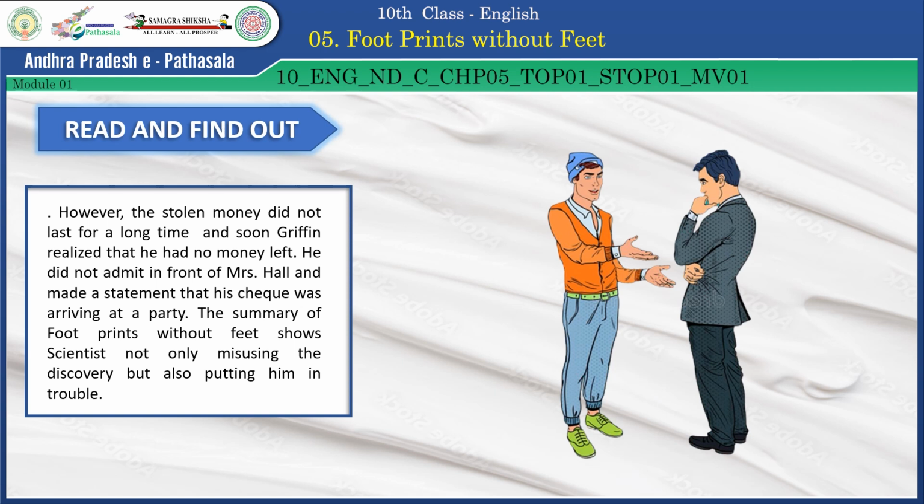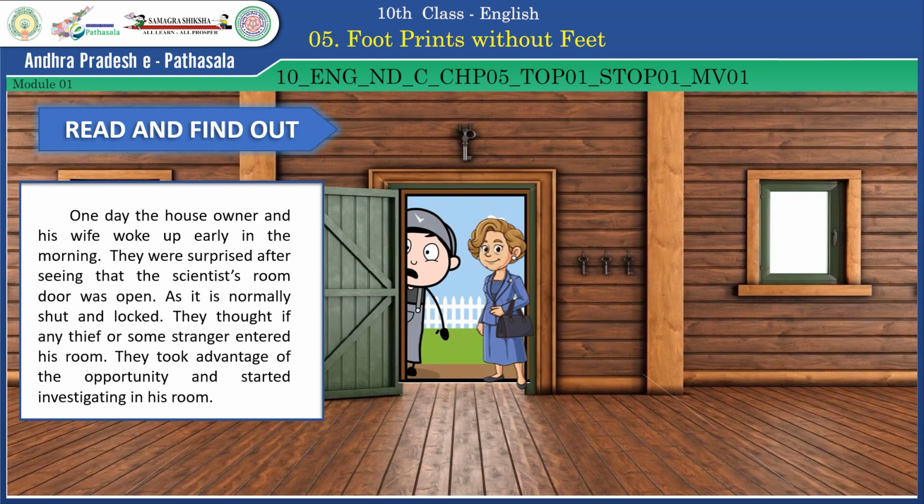The story of Footprints Without Feet shows the scientist not only misusing the discovery but also putting himself in trouble. One day, the house owner and his wife woke up early in the morning. They were surprised to see that the scientist's room door was open, as it is normally shut and locked.